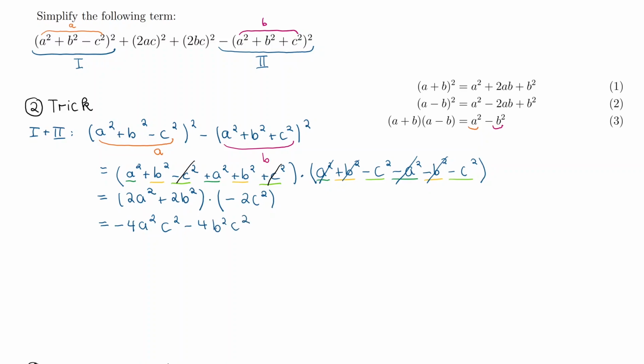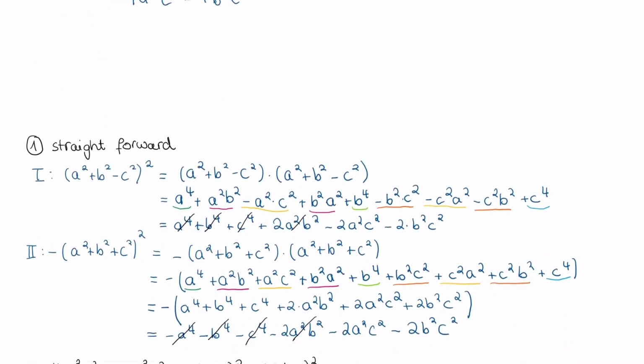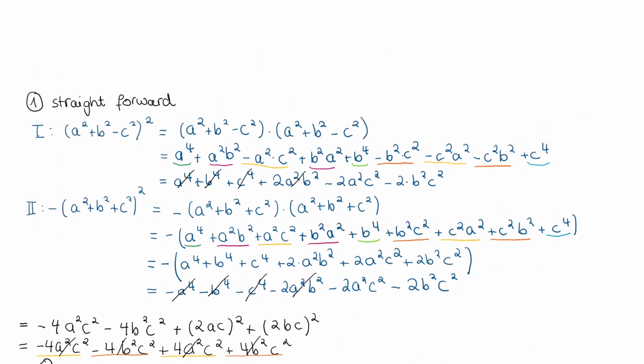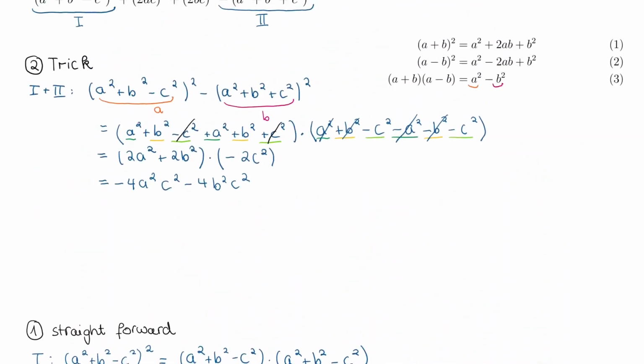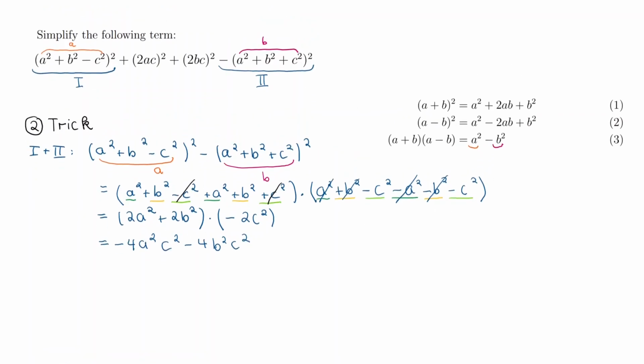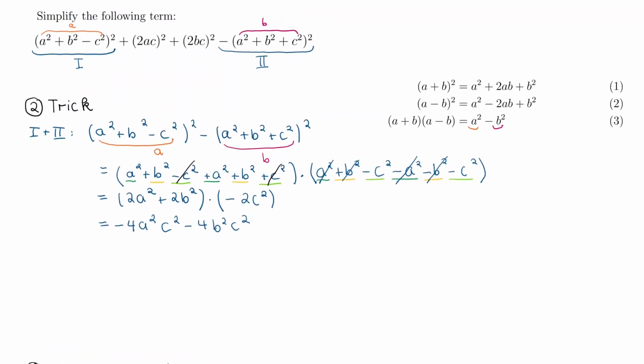Compared to the straightforward way, which we did earlier, the first way, where we had to do all those calculations for the first and second part, here by using the third binomial formula we were able to have it in this short way. Okay, so let's continue now.